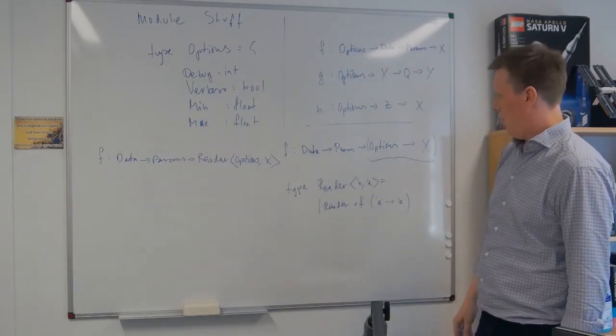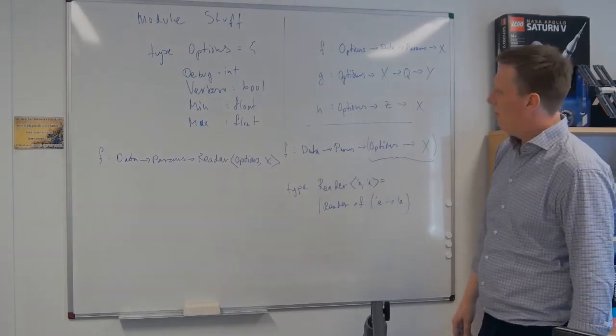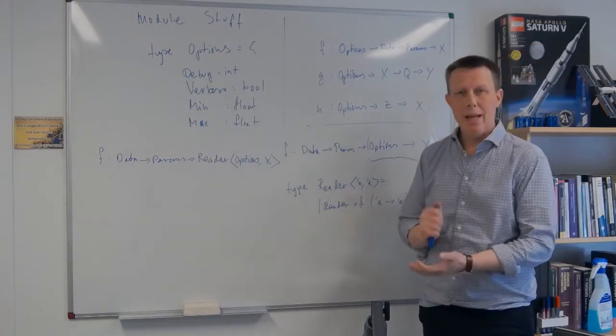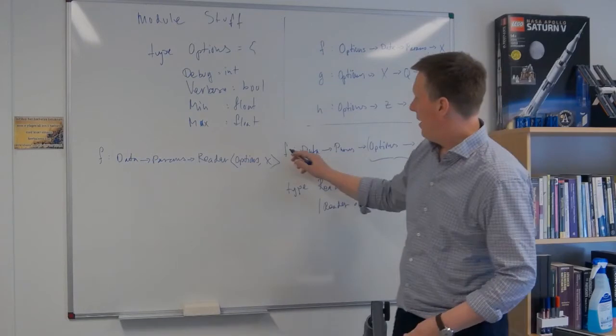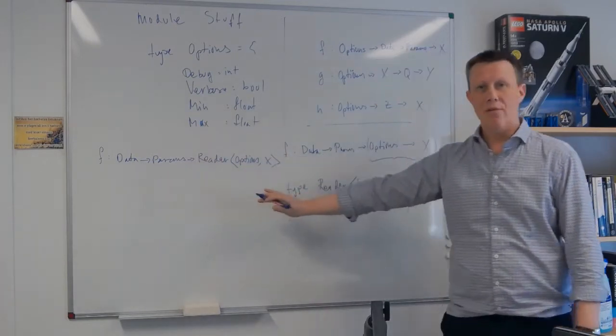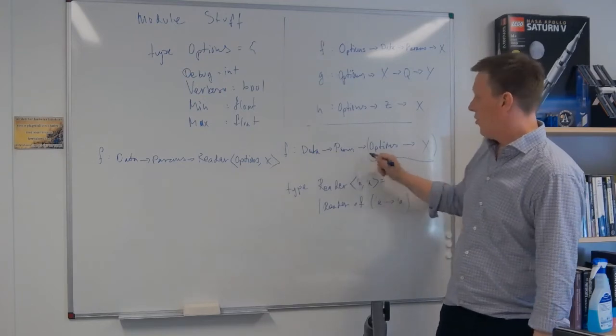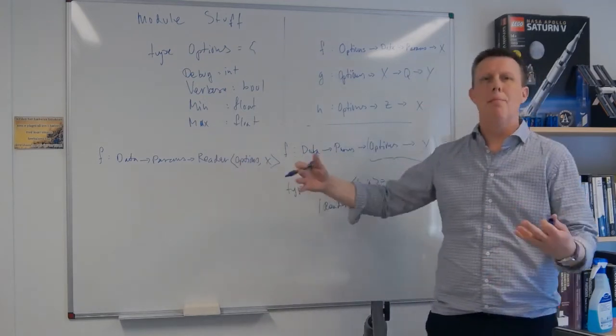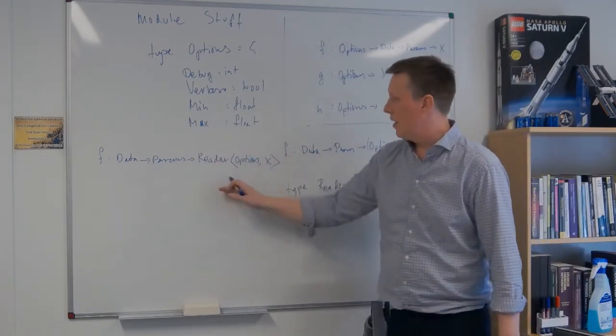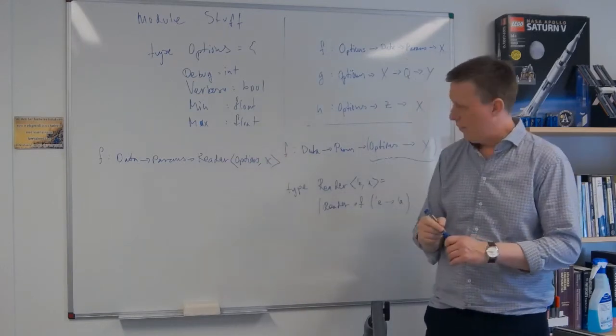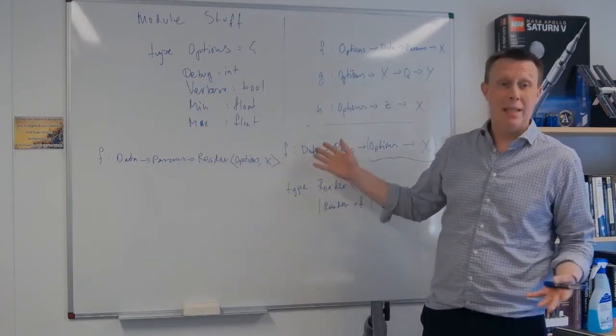Okay, so what have we done so far? Well, actually we haven't done really anything. This f and that f are isomorphic. All I've done is hide the fact that it's a function into this type. I've just wrapped it up into this type. But it's the same thing.